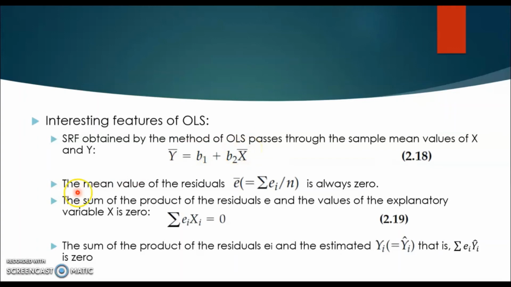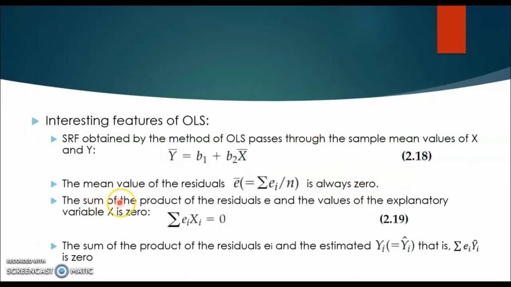Apart from that, the mean value of the residuals is always 0. So the total value of the residuals divided by the number of observations in the sample is always equal to 0.